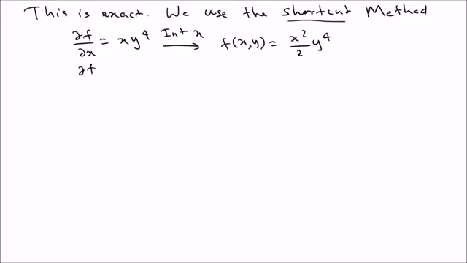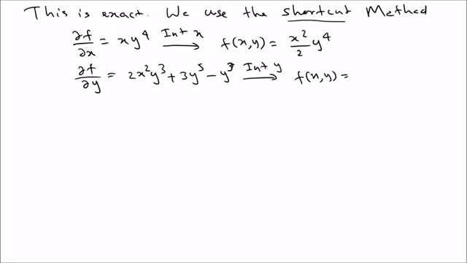Then we go with the other one, ∂f/∂y, which is the other function: 2x squared y cubed plus 3y to the fifth power minus y cubed. We integrate this one with respect to y. If we do that, you get f(x,y) equals 1/2 x squared y to the fourth plus 1/2 y to the sixth minus 1/4 y to the fourth power.